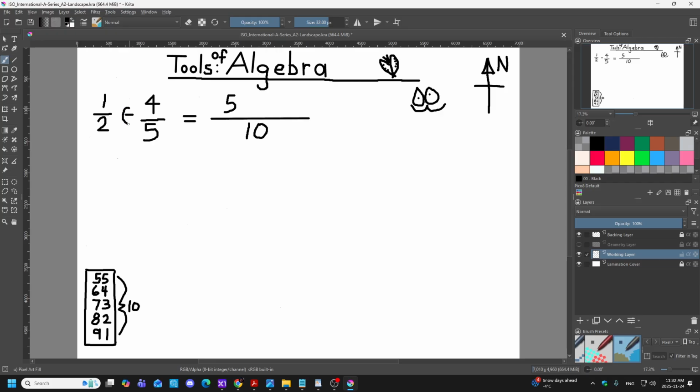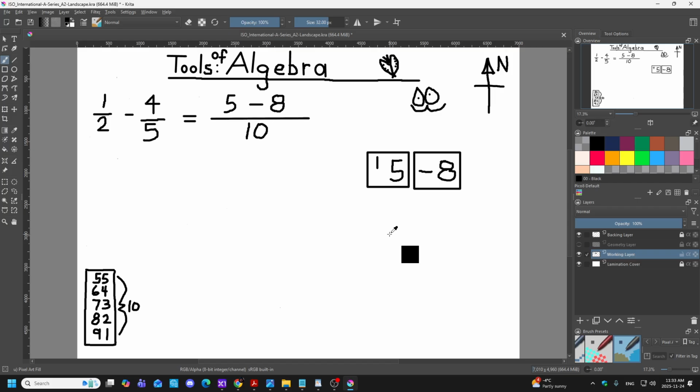Bring my subtraction sign. And 5 times 2 is 10. 4 times 2 is 8. Okay, on the side here, I could do the same thing. Again, look at them like 2 separate whole numbers. We know this is a positive. We don't need to write positive because we know it's positive.